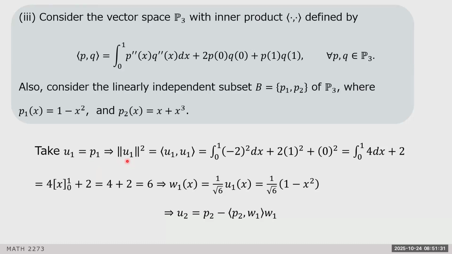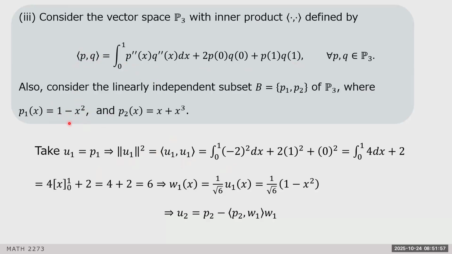By definition, the norm squared is the inner product of the vector with itself. So I need to work out the inner product using this equation for this polynomial. Where we see P and Q, you're substituting in the same polynomial, 1 minus x squared, into this entire thing. So it's the integral. Okay, I see they already worked it out.